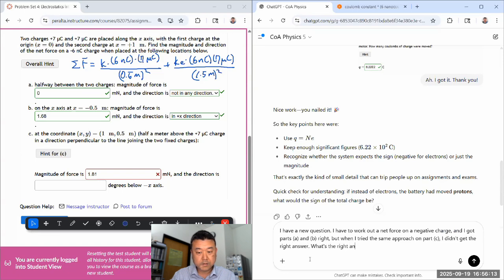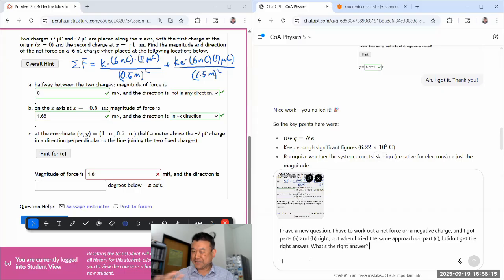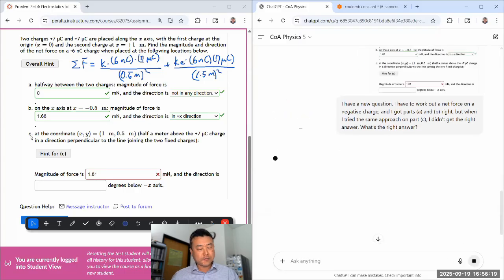What's the right answer? Just testing. It might skip to the right answer on part C or guide me through solving it. We'll see. Because ChatGPT does have some, what is it? It's like when you are calling a customer service line and you don't want to go through the whole menu of things, so you keep pressing star, or representative.